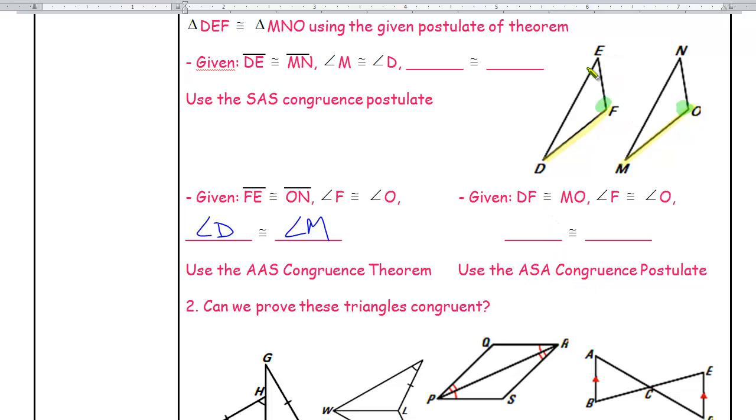So, well, here's an angle over here, but if I went angle side angle, this would be like angle side, and I'd have this side, and then the side here, and then an angle. So in order to make it angle side angle, I need to go back to this angle. That way this is the included side. See, the side is between the two angles. So that would be angle D and angle M. So that proves that these two triangles are congruent using the angle side angle postulate.